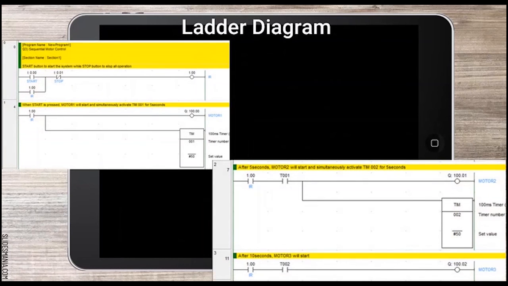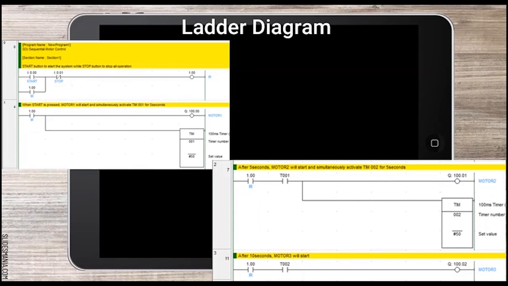This is the ladder diagram for this application. At rung 0, we can see that it starts with the start button and then it consists of the stop button and internal relay, while at rung 1, a normally open internal relay, the output is motor 1, and we use timer 001 with the set value of 5 seconds.